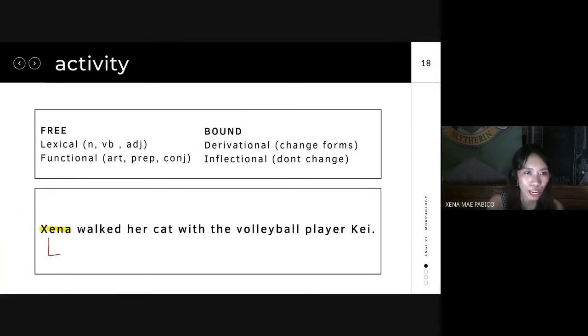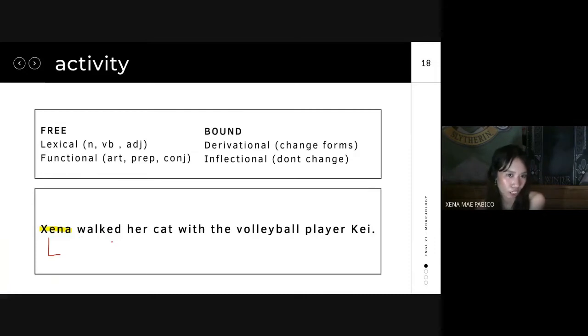How about you, Jai? How many morphemes are in this word? Are there one or two?